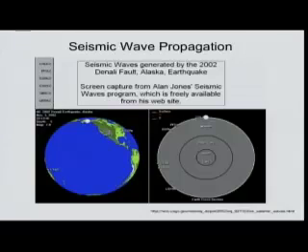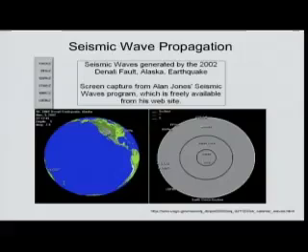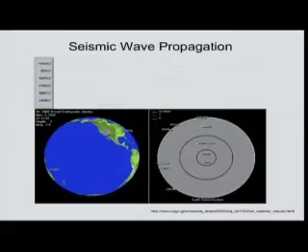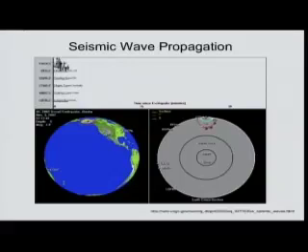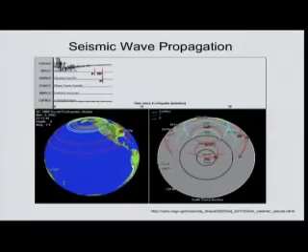So when you have an earthquake, this is actually a simulation trying to show what happens. Here's our source earthquake, and we are going to see that there are different stations around the world, and the seismograms are going to show up on the top panel. When the earthquakes happen, they generate seismic waves, and they propagate through the Earth and along the surface of the Earth. So what we are seeing are different types of seismic waves traveling through the Earth.